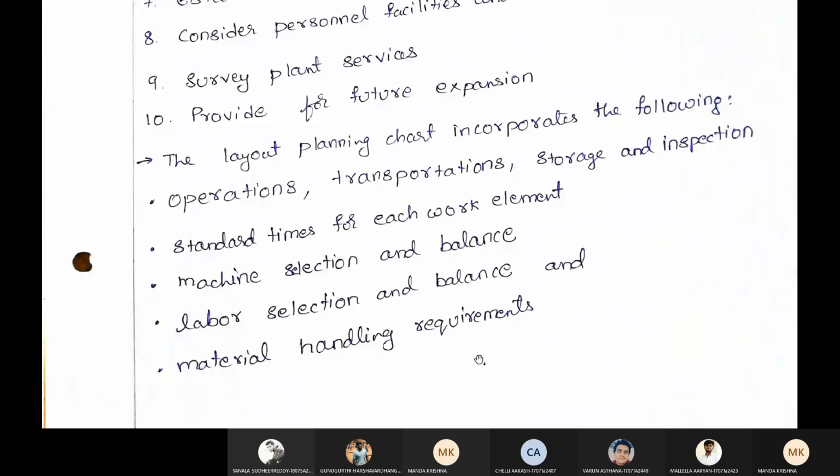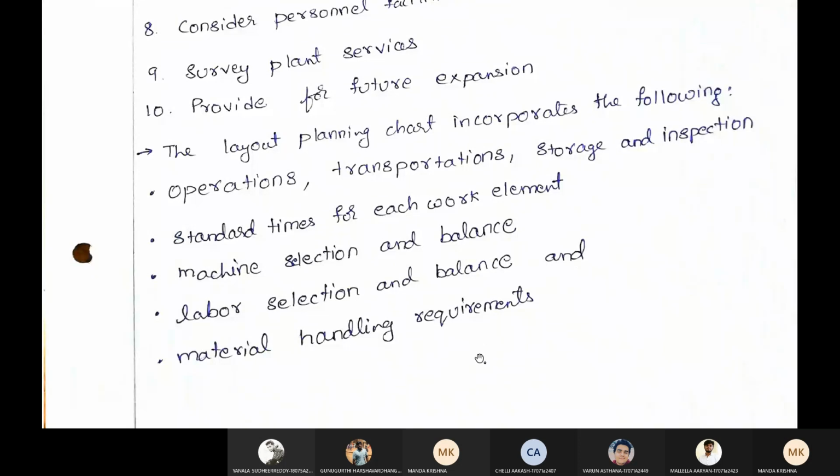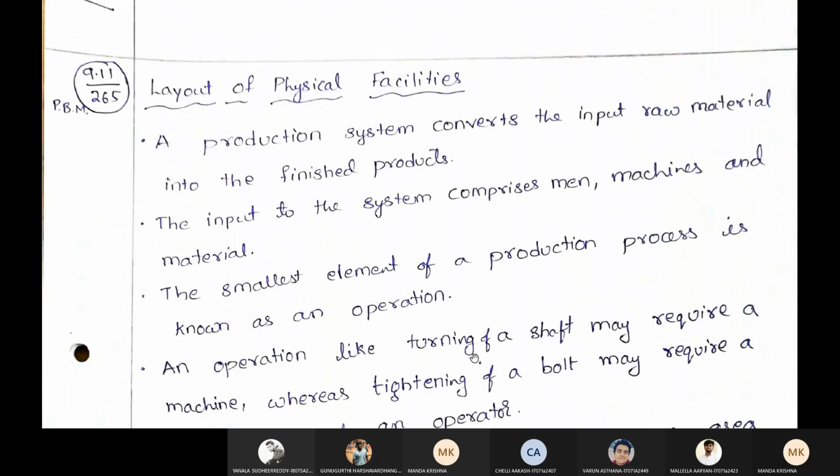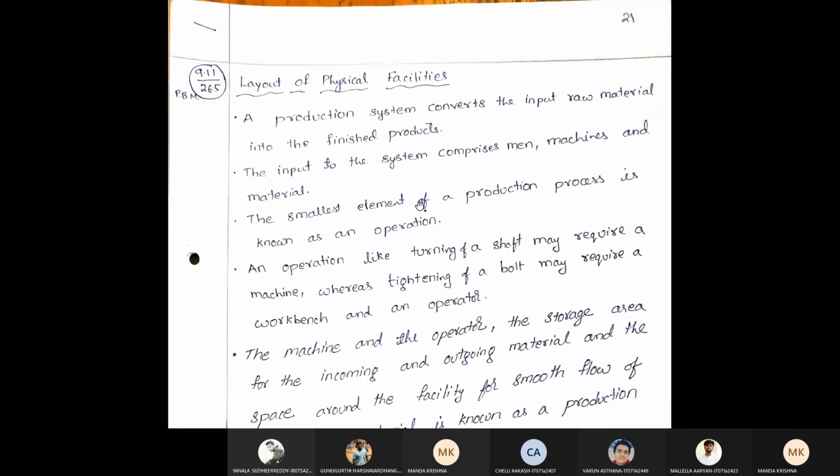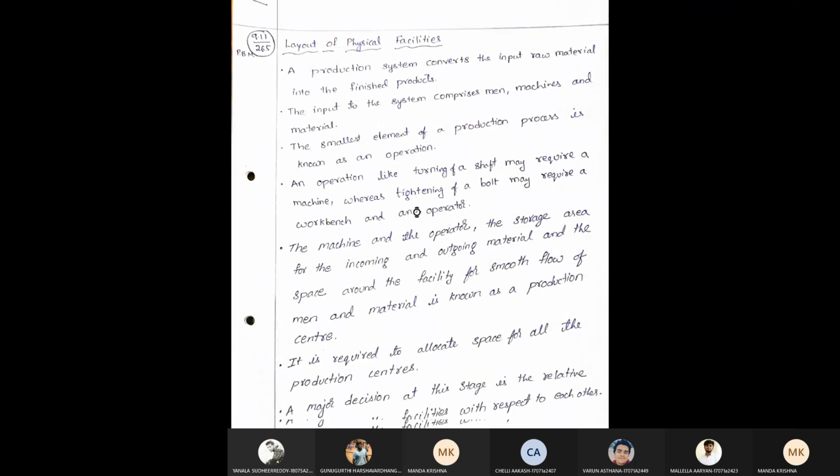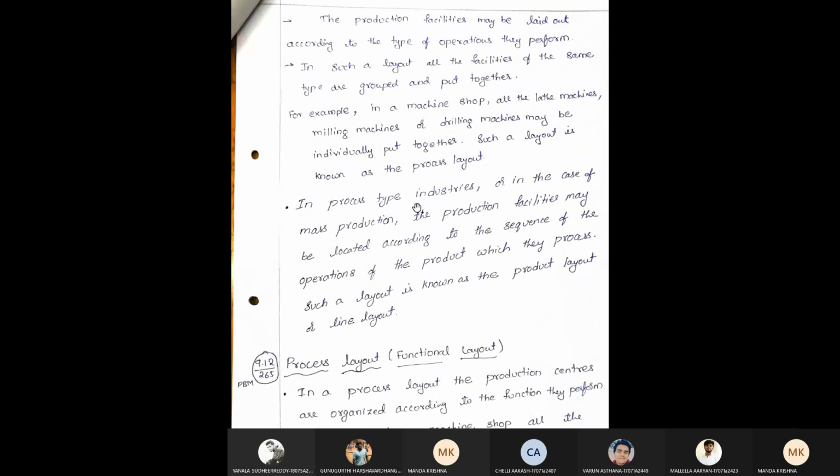These are some of the layout planning tasks. Next, according to the P.B. Mahapatra textbook, layout of physical facilities. That is also the same.